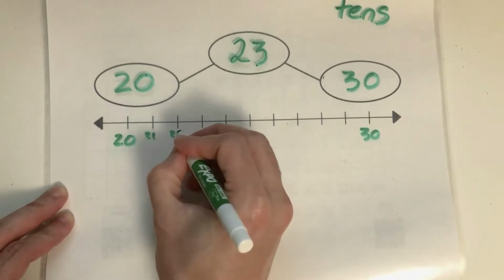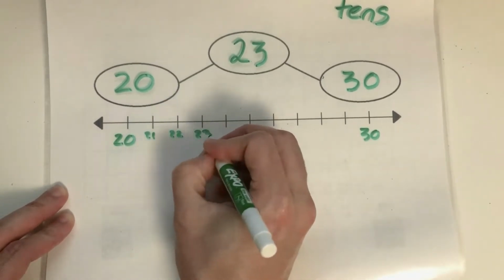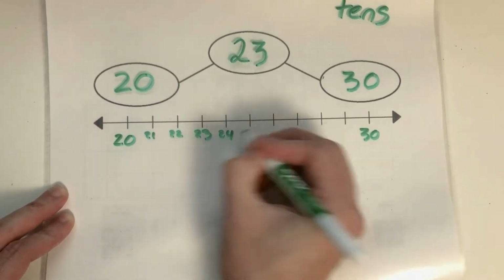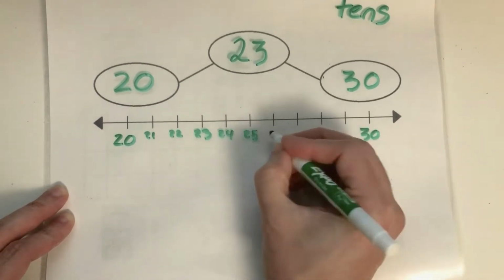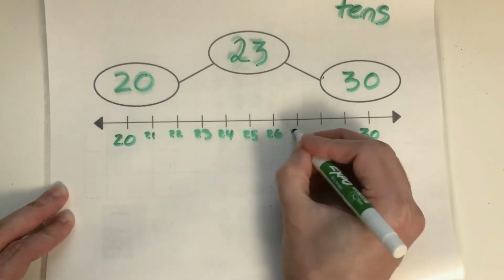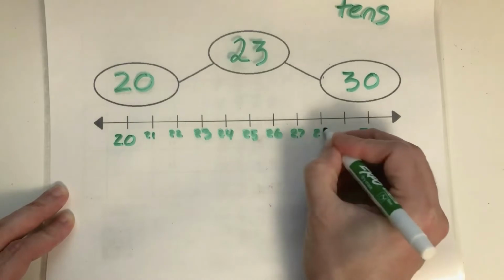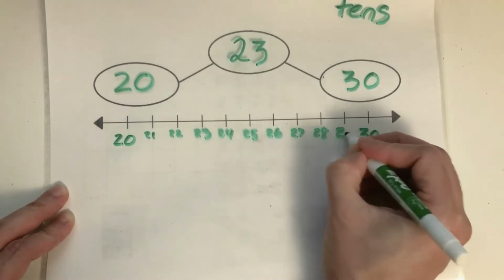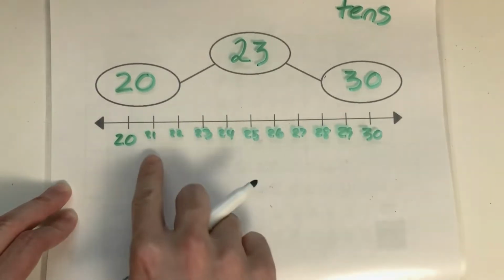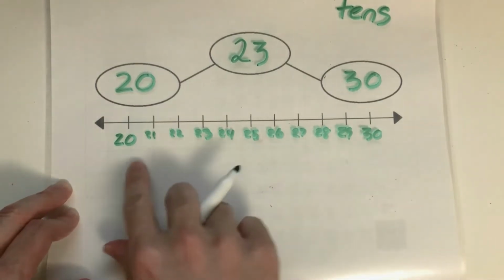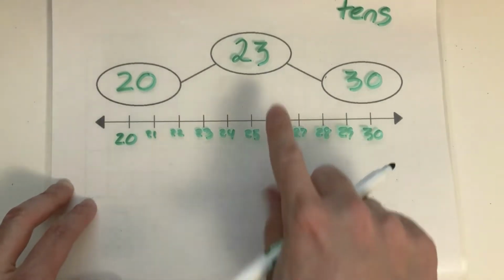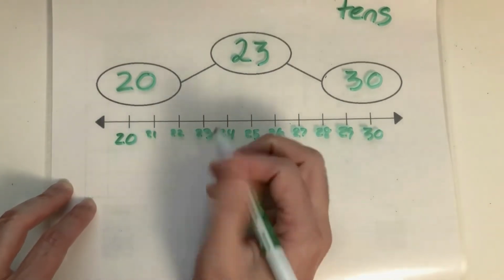21, 22, 23, 24, 25, 26, 27, 28, 29, 30. You don't always have to write them all, just for you to have an idea how to use it. But the number 23 would be right here.